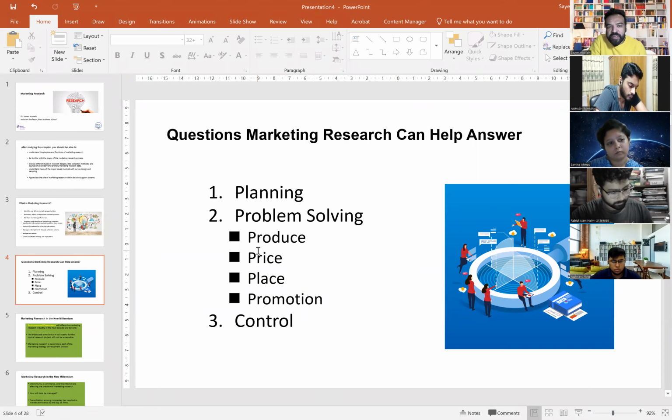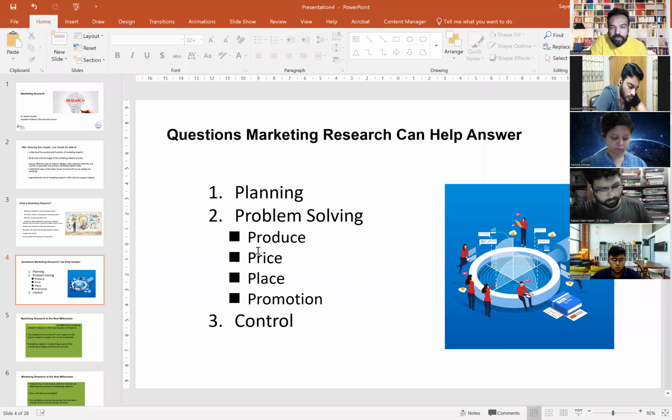Don't think that because your product is selling well now, it's going to sell very well in the coming days or months. It might just go down. So you need a constant monitoring system through which you're able to solve any future problems that come your way. Product, price, place, and promotion.